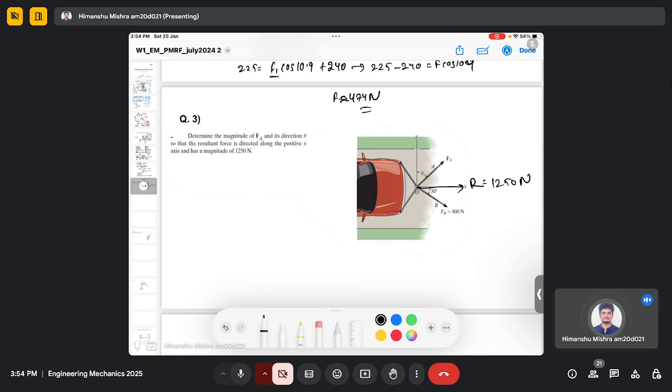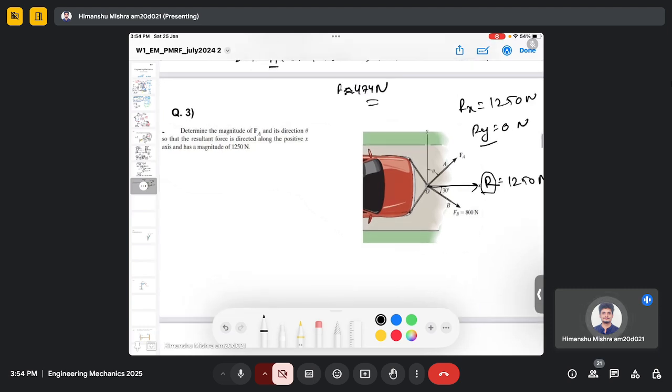So it is less involved in mathematics because the whole resultant force is in the x direction, which means my Rx will be equal to 1250 Newton and my Ry equals 0 Newton. So we don't need to consider the y component of the resultant force.